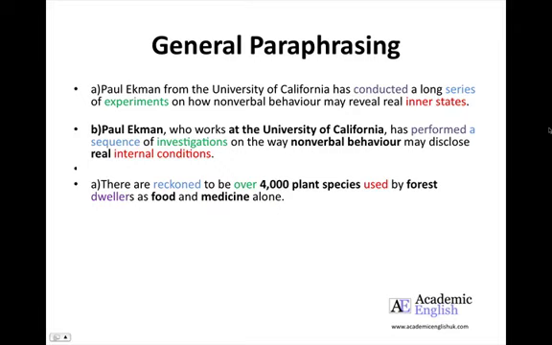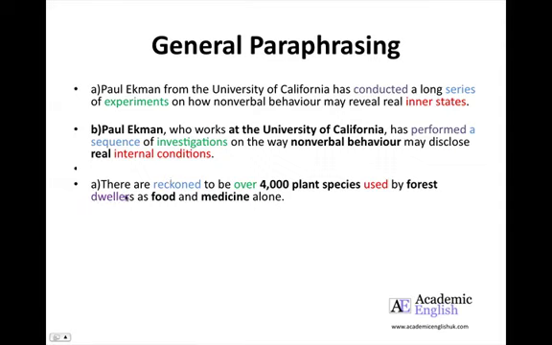Okay, another text. There are reckoned to be over 4,000 plant species used by forest dwellers as food and medicine alone. Now, I'd like you to pause this slide, and the bold words are specialized words that can't be changed, but the colored words can be.